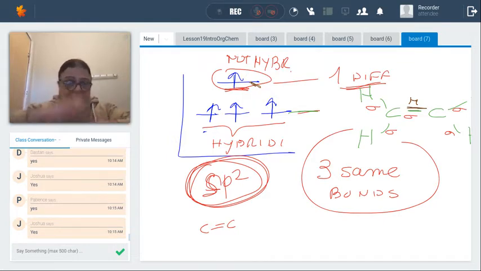The second layer of the double bond comes from this unhybridized electron, and it is called a pi bond. So we take the unhybridized electron from this carbon and from this carbon, and together they form a pi bond.